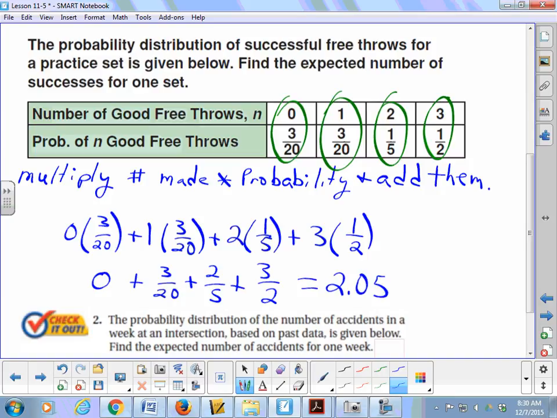So when this person goes to the free throw line, I don't know how many she shot, whether it was 3 or 5 or whatever, but we would expect that this person is going to make 2.05 free throws every time they do that set of free throws.